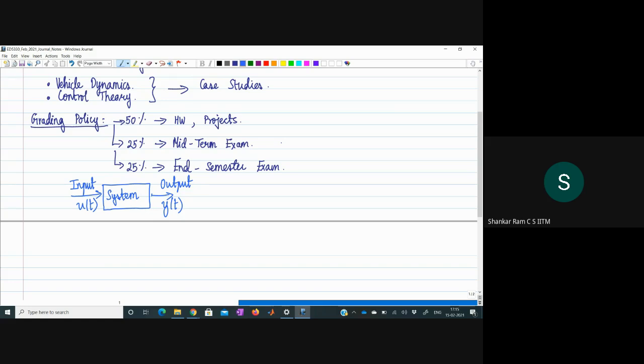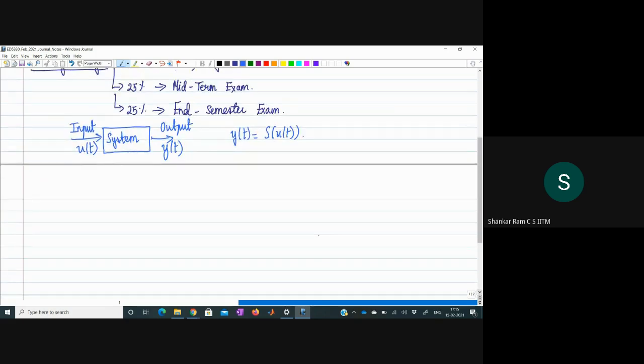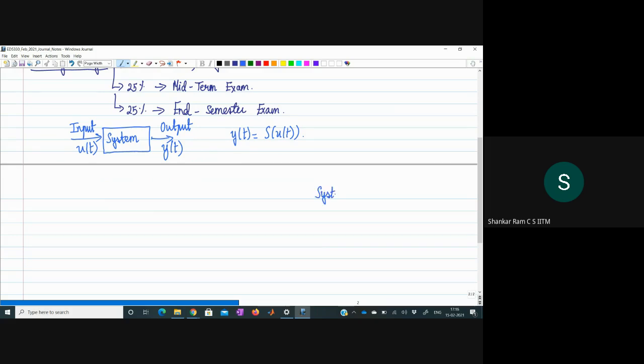With this perspective, we also looked at a certain class of systems. We looked at a system as a mapping between the input and output, and we essentially wrote down y of t equals S of u of t. If you recall, we had essentially studied a class of systems when we did the analysis.